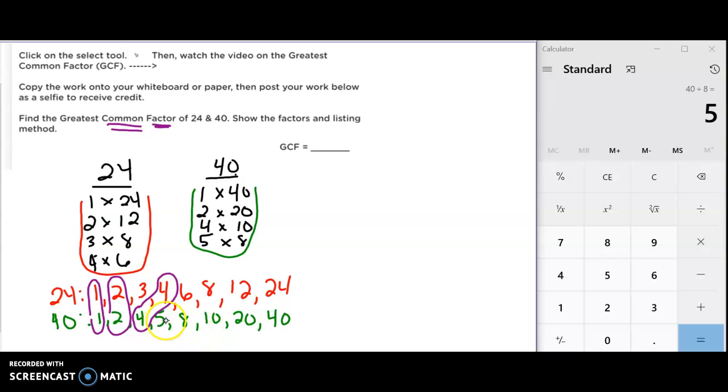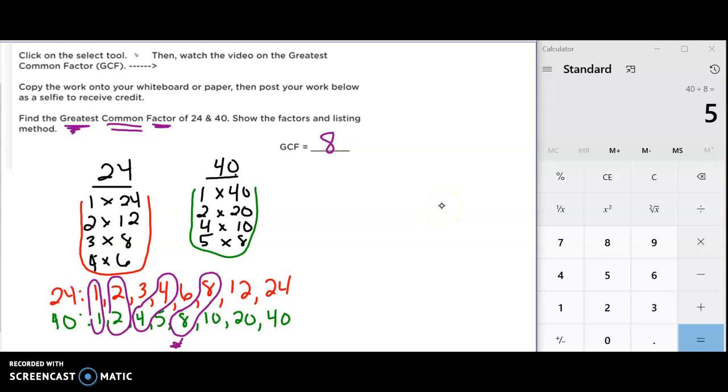Couldn't do 3. 5, no. 6, no. Oh, look at there. 8. 8 is in common. Anything else in common? 10, 12, 20, 24, 40. Nothing else is in common. So now, what is the greatest of the common factors? The greatest of the common factors is going to be 8.